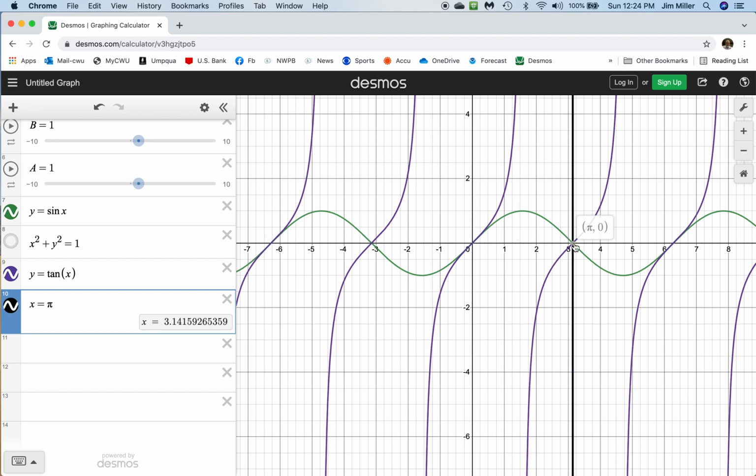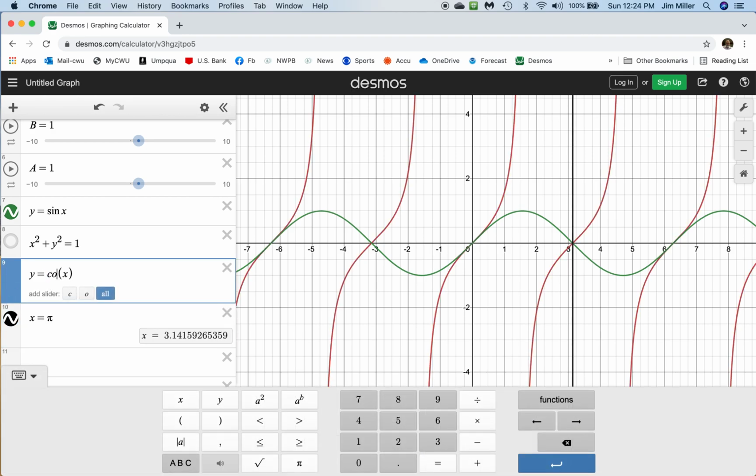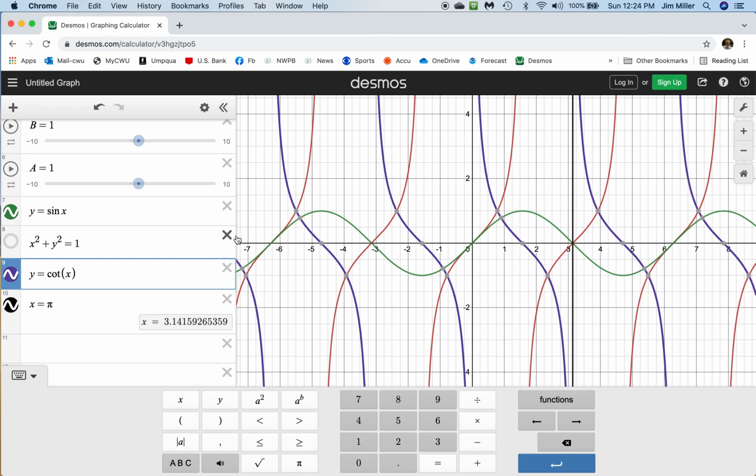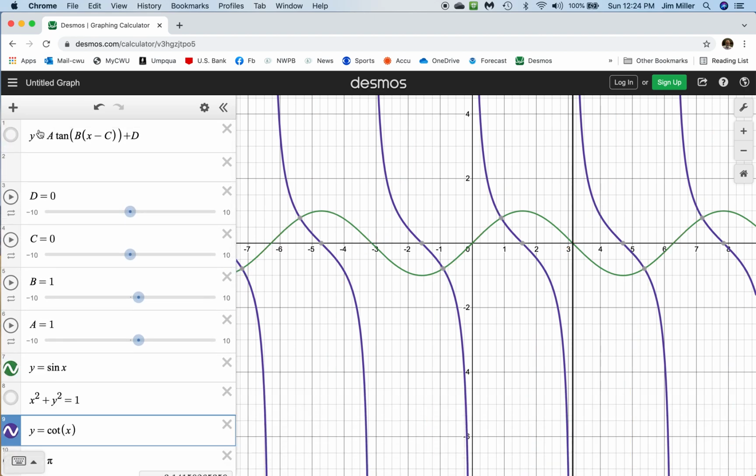Now you notice that the sine is 0 at pi, and since cotangent is cosine over sine, and sine is 0, there should be an asymptote here for the cotangent. So let's draw the cotangent. And now this is getting pretty messy, so let's turn off the tangent curve.